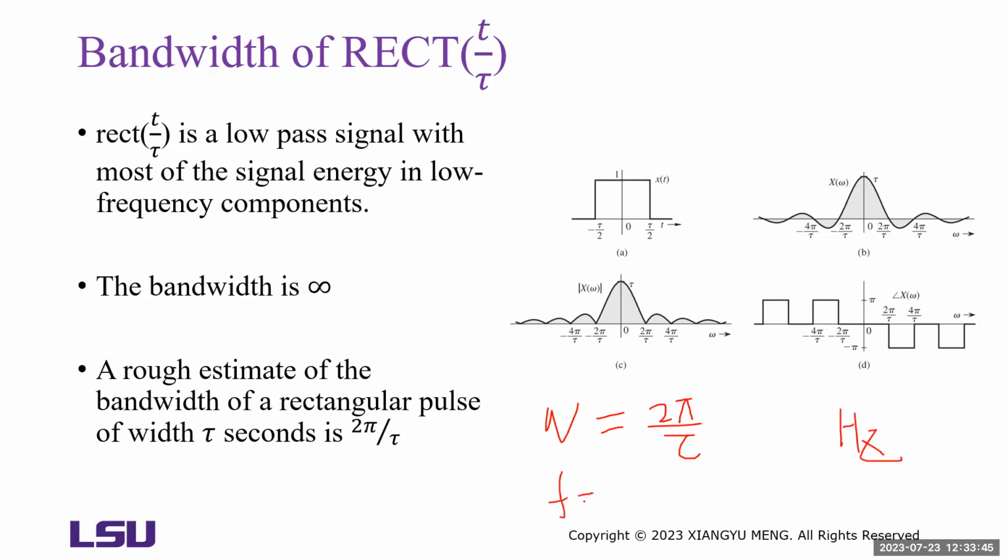So f will be omega over 2 pi, so 2 pi over tau divided by 2 pi. That is 1 over tau. So here you can notice the reciprocal relationship of the pulse width and its bandwidth.